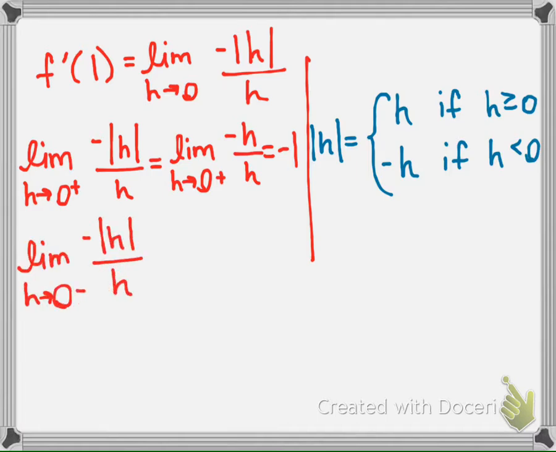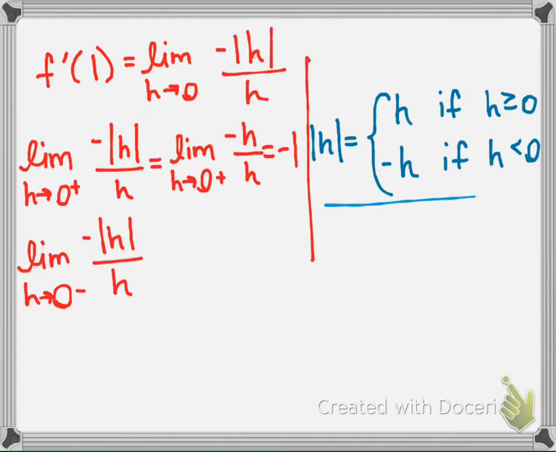Let's look at the left-handed limit. If we take the left-handed limit, then h is going to be a negative number. Absolute value of h is going to be a positive number. And negative absolute value of h is going to be a negative number. So I should have a negative number in the numerator and a negative number in the denominator.